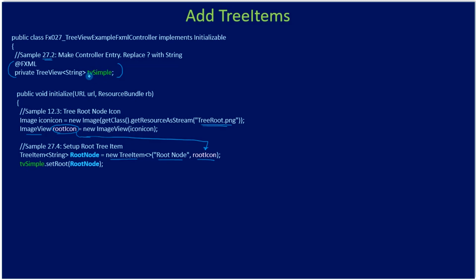Then TV simple we already drag and dropped to the center portion of the border view, and we have a fxml entry inside our controller, and we use that control to set the root node. So TV simple dot set root, and we pass the root node which we constructed in the previous code snippet. So now our tree view is ready with a root node. Also, when it is displaying the root node, it will display the icon.